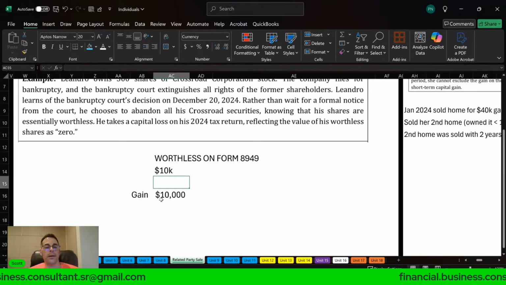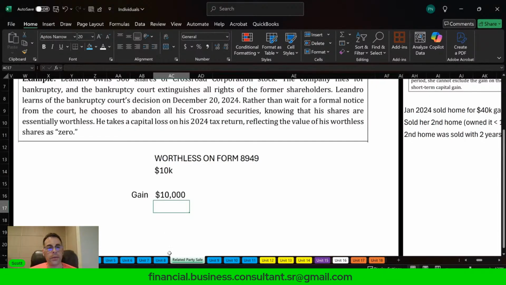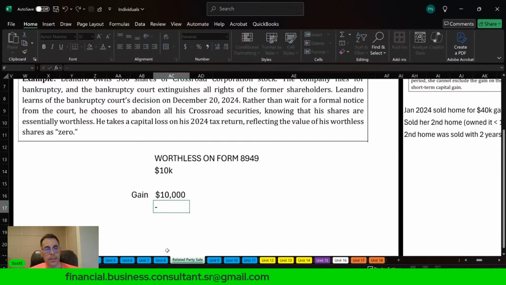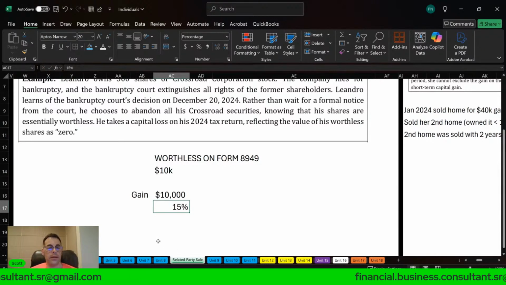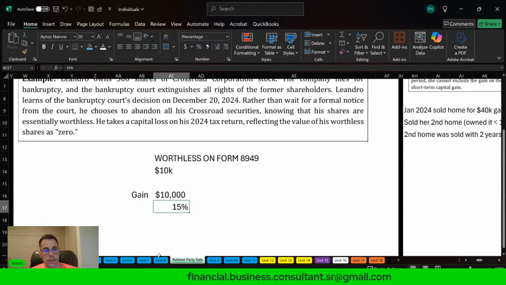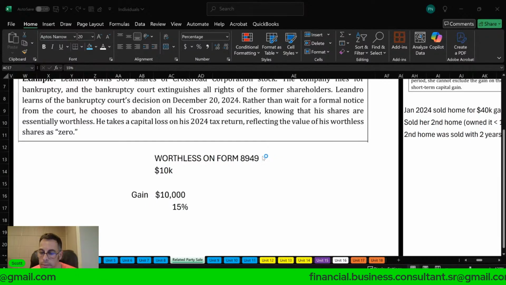So you have a gain of $10,000, and you have to pay taxes on all gains. Most people are taxed at 15%. Let me open my file. Yeah, long-term capital gains are either 0, 15, or 20%.